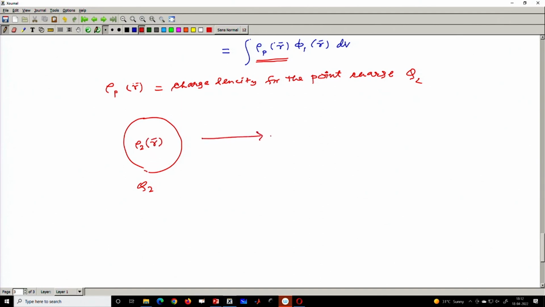This is equivalent to making this entire charge q2 a point charge here, with the density of this point charge to be rho p. This is the point charge density for this point charge.